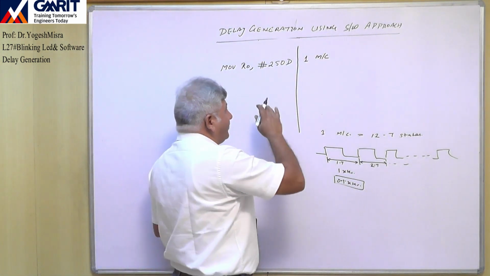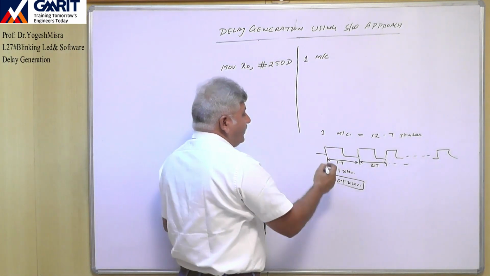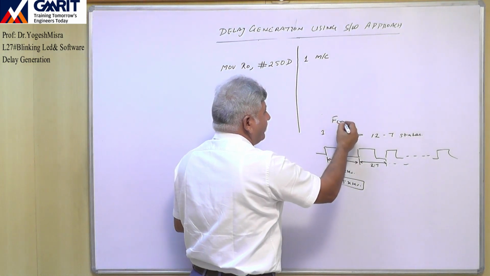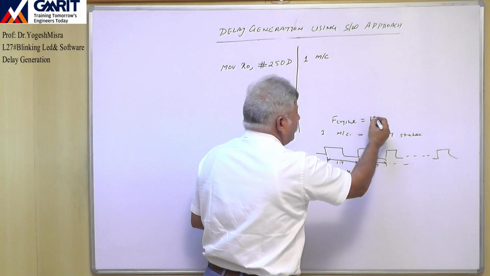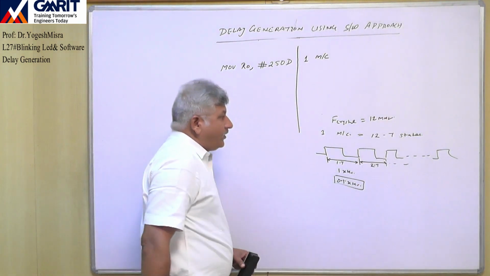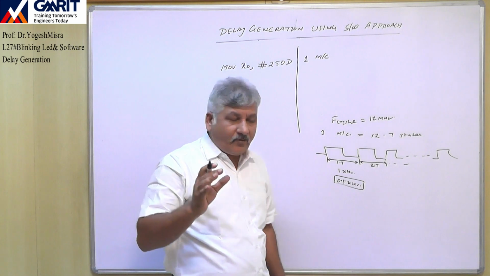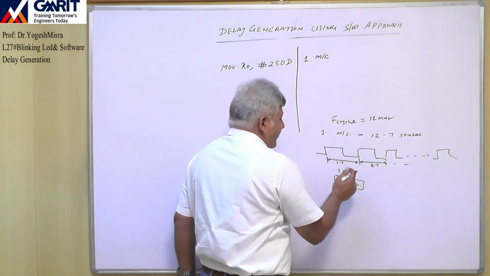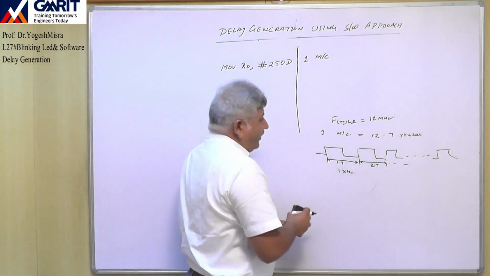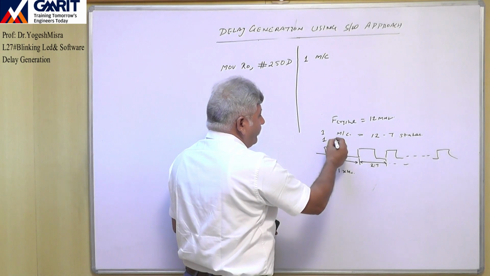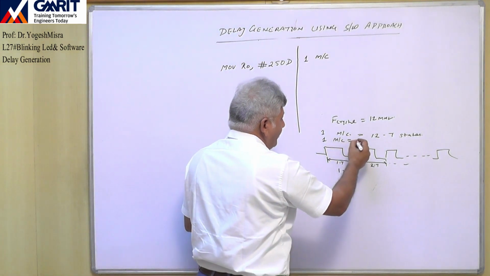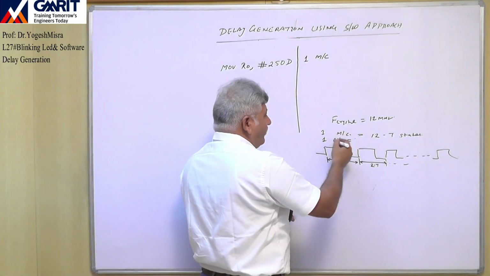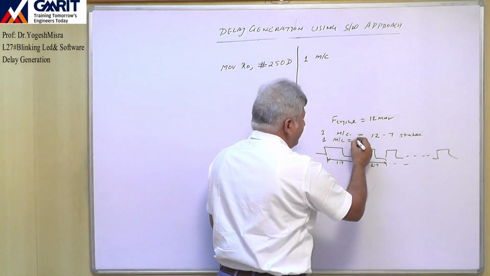Now let us assume that in our particular application, our controller has a crystal of frequency 12 megahertz. Then one T state, one time period, will be 1 microsecond. And the total time required for one machine cycle will be 1 microsecond.